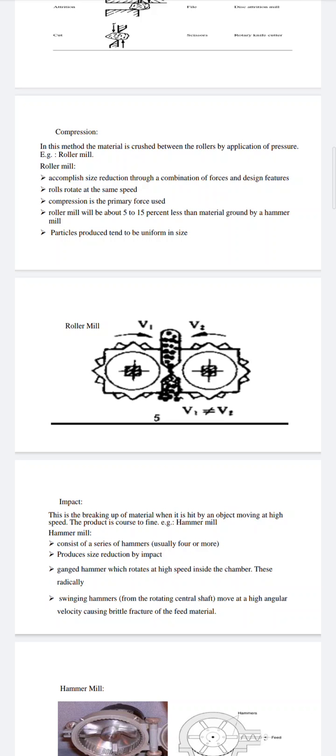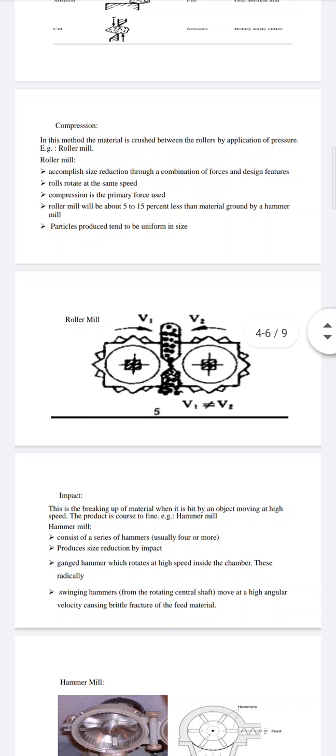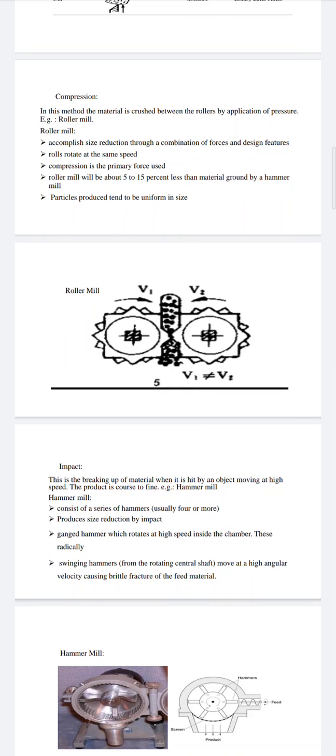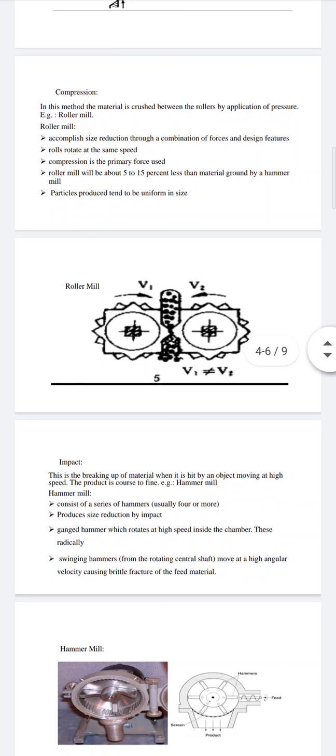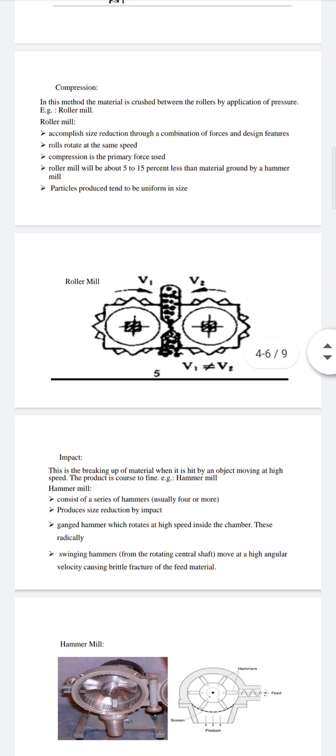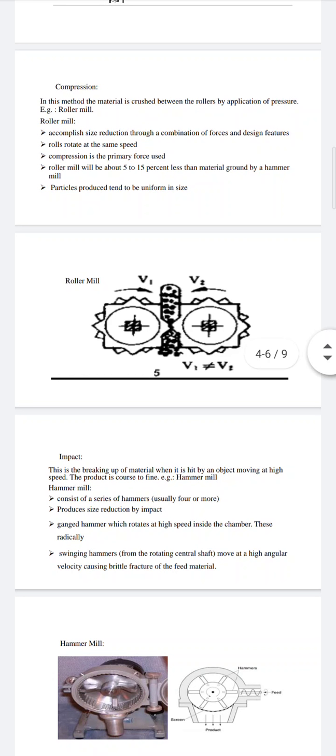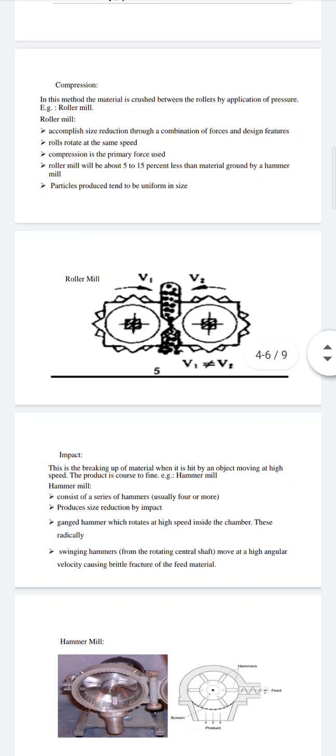Here we see a picture of a roller mill. In this roller mill, mainly a delivery device is present to supply a constant and uniform amount of the material to be ground. A pair of rolls we see, mounted horizontally in a rigid frame.